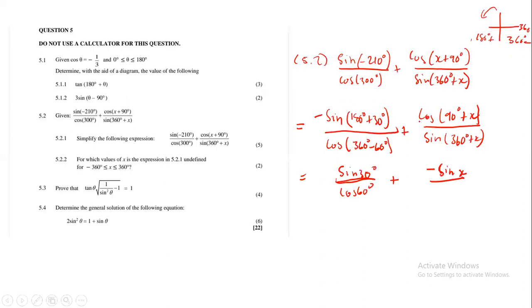So this is 360 degrees plus, and this is 360 degrees minus going backwards. So that means 360 degrees plus is in the first quadrant, and all trig functions are positive in the first quadrant. So sine is positive in the first quadrant. So that means we're going to have positive sine x.